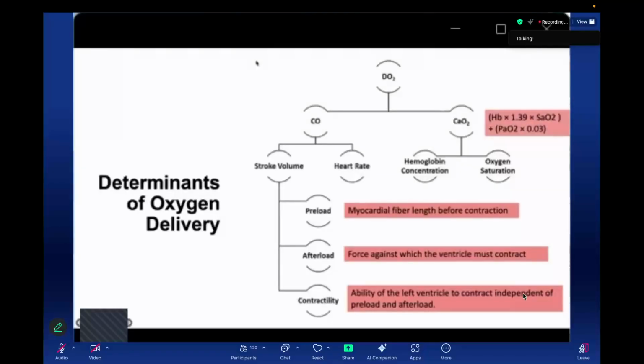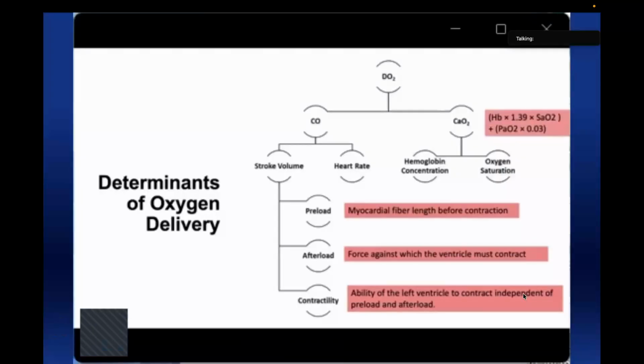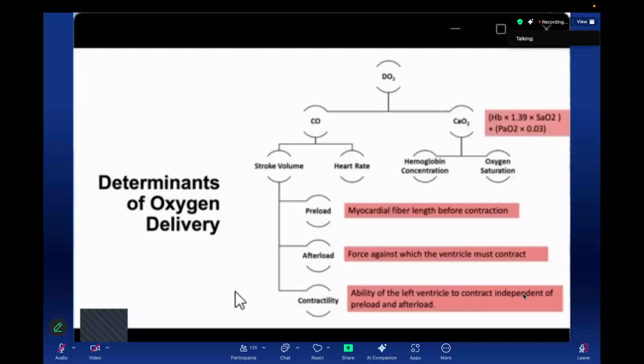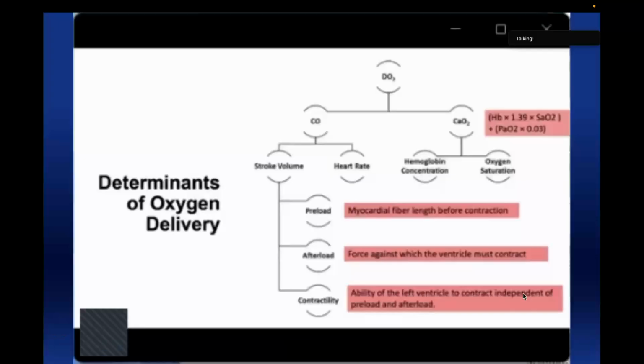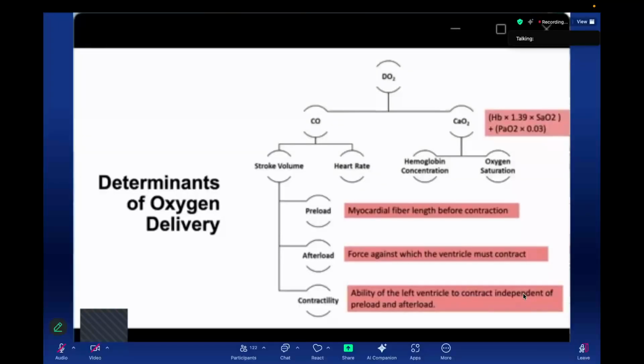On the other hand, your arterial oxygen content can be derived from the oxygen saturation and your hemoglobin concentration, as shown by the equation here.